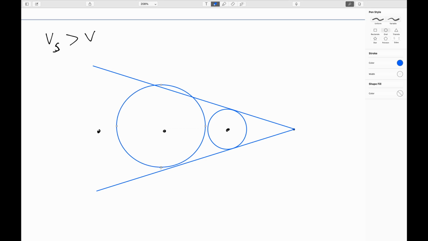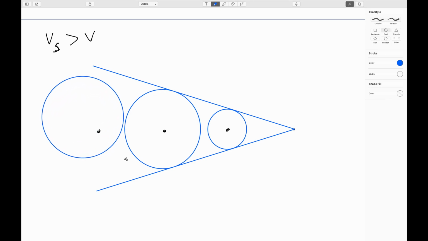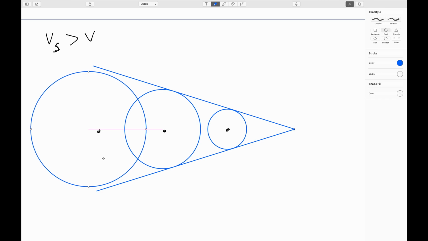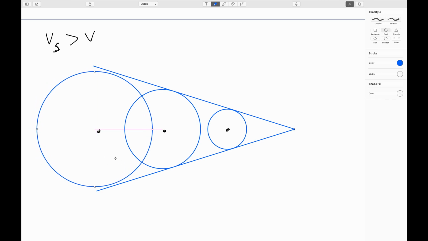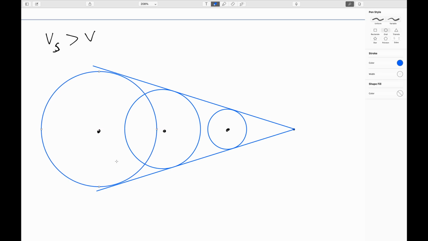I just need to shrink these up a little bit. And then let's finally put one in here. Something like that.